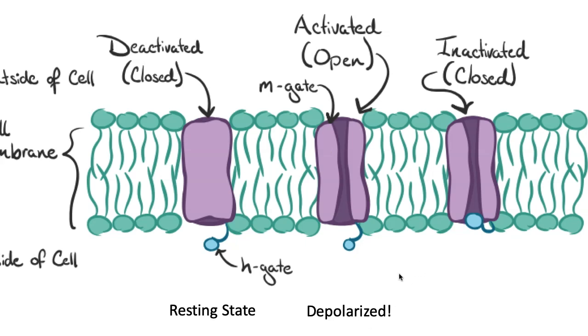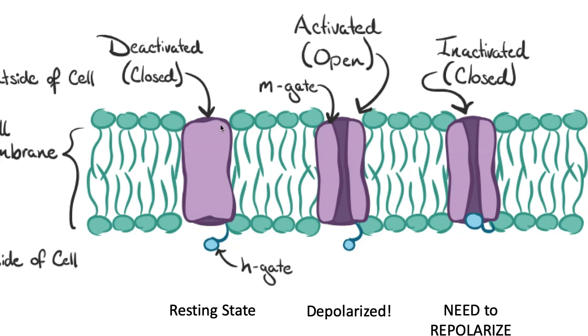But we don't want to just do that all the time. So the voltage-gated sodium channel has this safety valve that will close. When the gate is inactivated, it's closed, and no more sodium is moving. Now we can repolarize the cell by making sure that we pack the interior with potassium. Potassium will leak across and bring the resting membrane potential back down to minus 90.